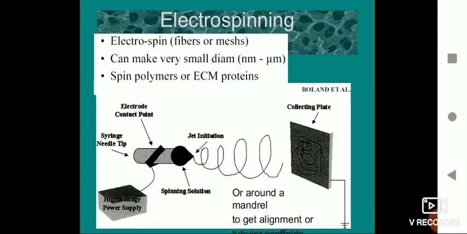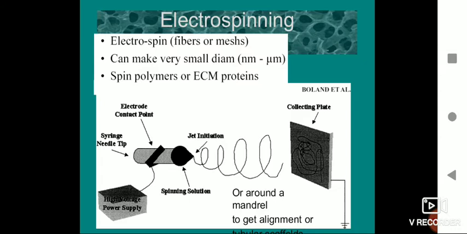Then comes electrospinning. Electrospinning is a very interesting technique which is similar to how we make murukku. How do we make murukku? We have a small nozzle through which the batter is pressed, and depending on the size of the nozzle and the pressure with which you are pushing the batter through the nozzle, different shapes and different sizes are formed.